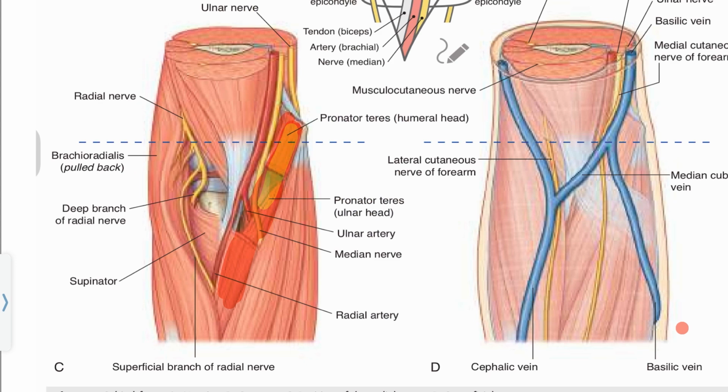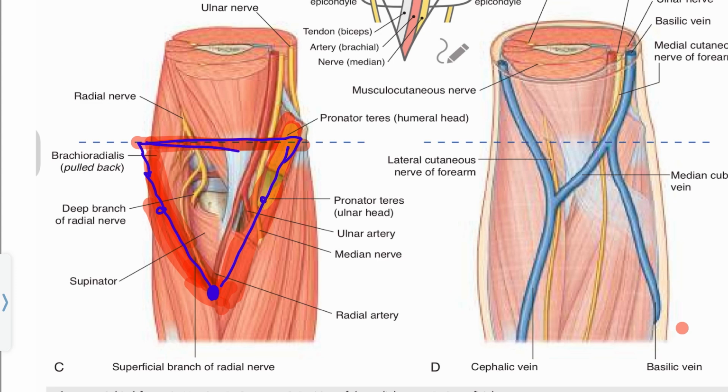This is the brachioradialis muscle, which forms the lateral boundary, and this is the imaginary line. So this is the apex of your cubital fossa. This here is the pronator teres muscle, this is the brachioradialis muscle, and this imaginary line is the superior part of your cubital fossa.